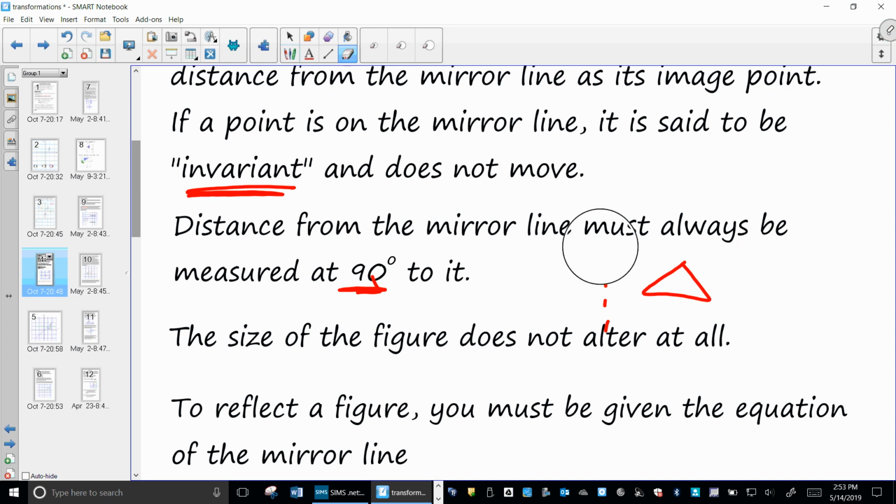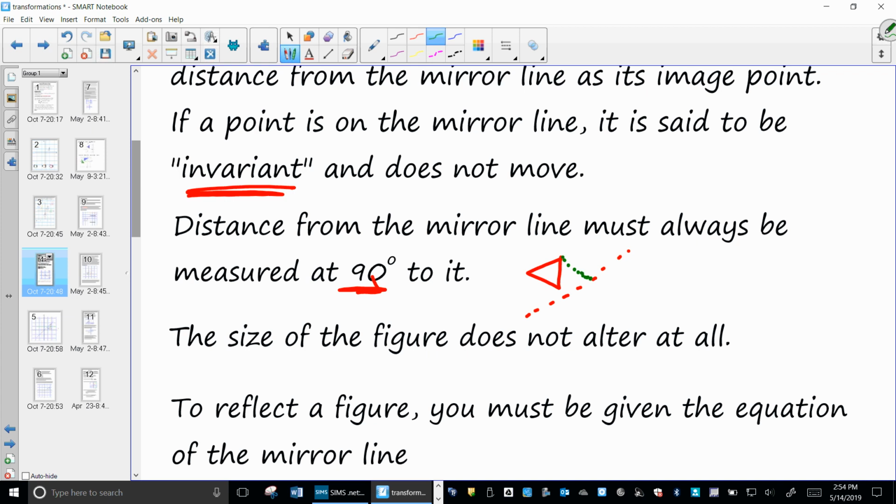However, if here's my shape and here's my mirror line, then it gets a little bit trickier. Okay? So people start to get confused, especially when our mirror lines are diagonal, because it gets a little bit more complicated. But what it means is that you just need to measure the distances at 90 degrees.